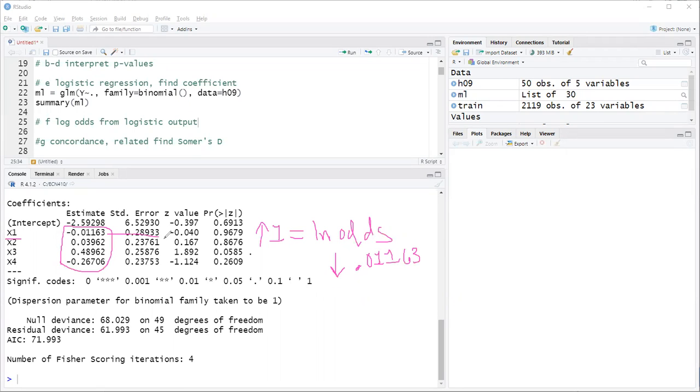This value here. That's where that's coming from. So that's how we're interpreting the coefficients here. So as x1 gets larger, essentially the probability of getting a 1 as a response does go down. The log odds decreases.